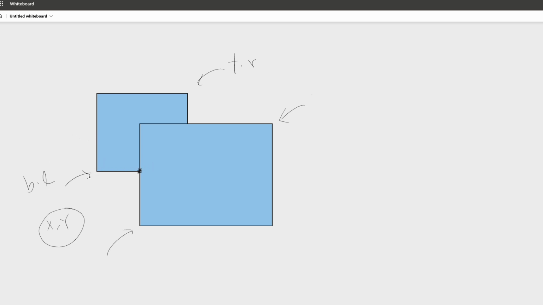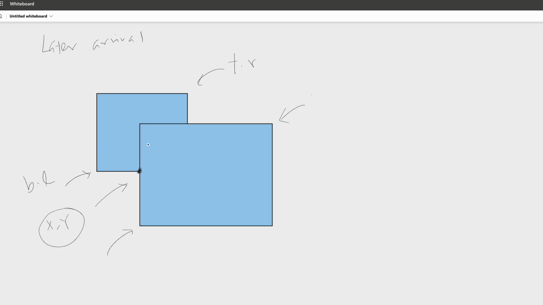What will be the x coordinate of the bottom left point? It will be the later arrival, the maximum between this x and this x. So whatever is maximum.